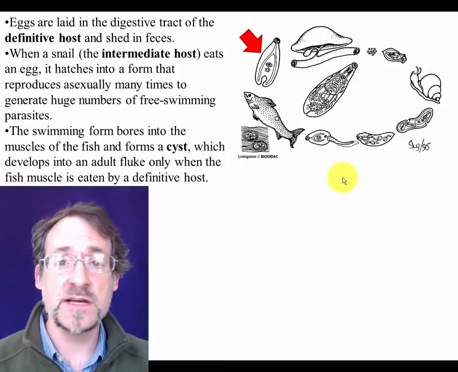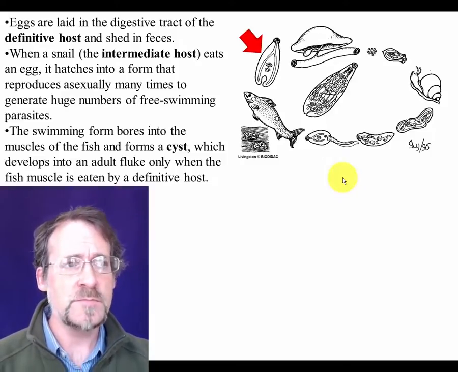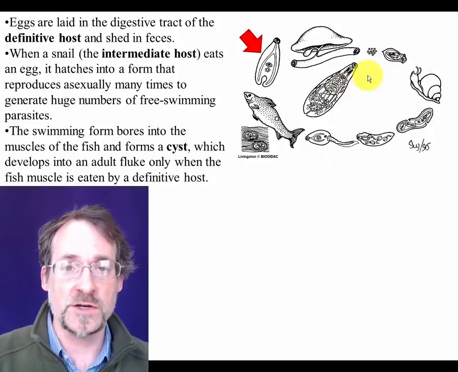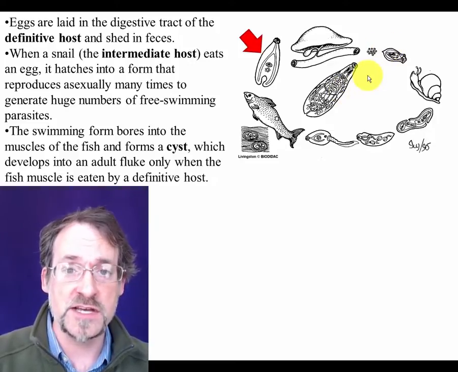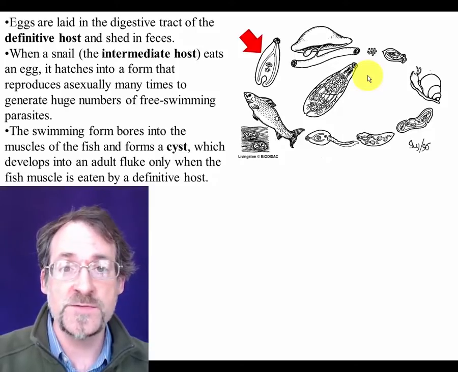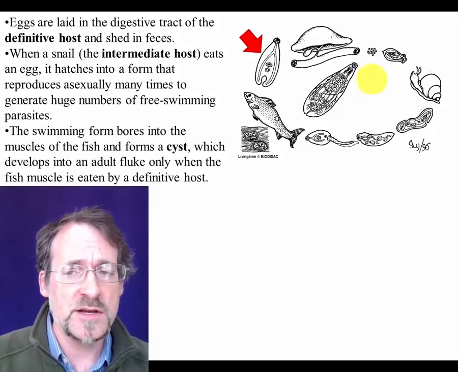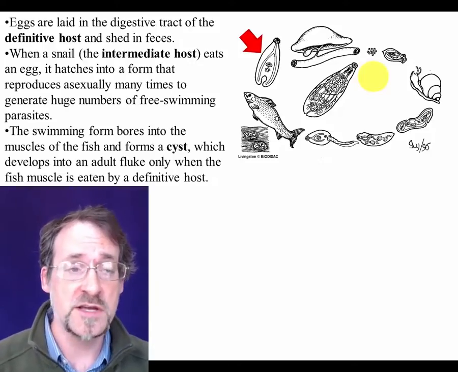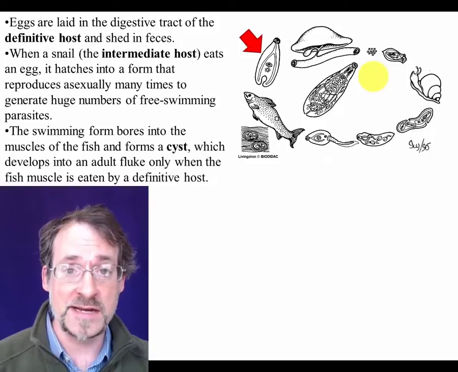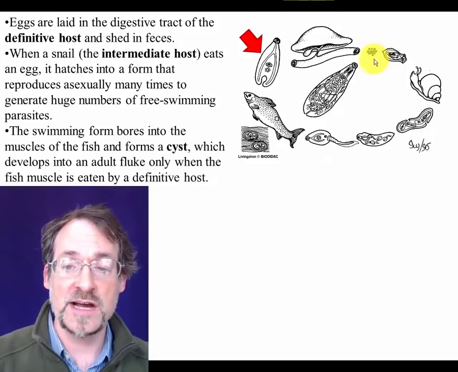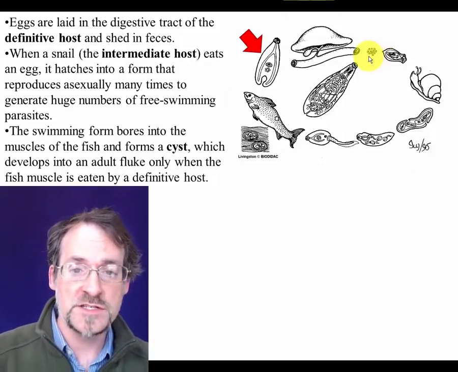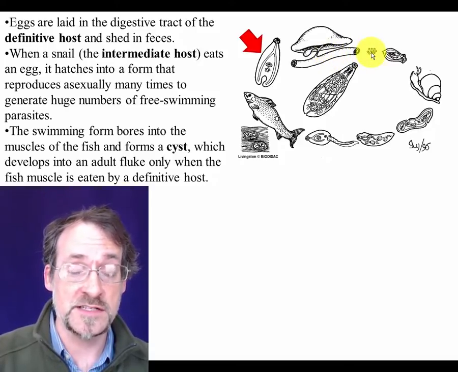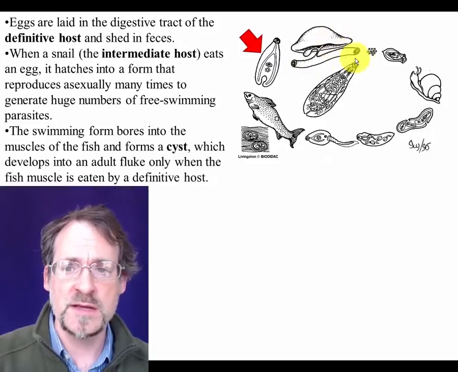Why this extremely complex life cycle? Well, one of the difficulties involved in being a parasite, probably the biggest difficulty, is finding a new host. And there are a couple of different adaptations that you see in parasites for doing this. One is dramatically high fecundity in the first place. So a fluke can shed a tremendous number of eggs into the digestive system of its definitive host.